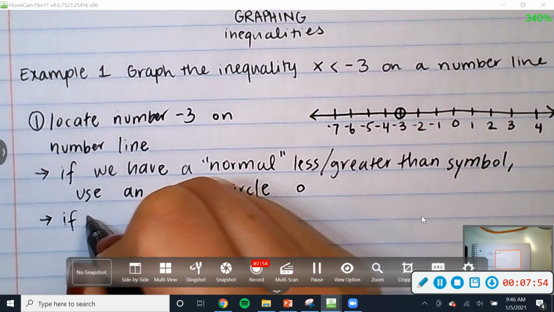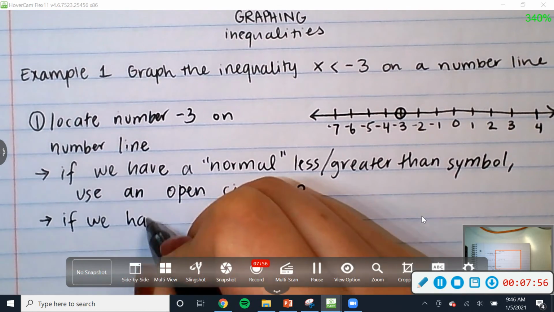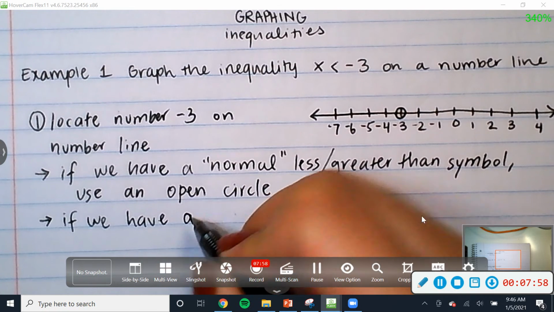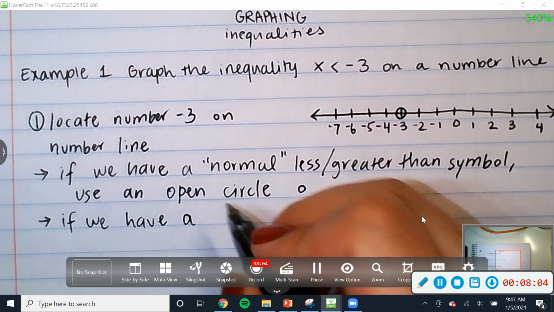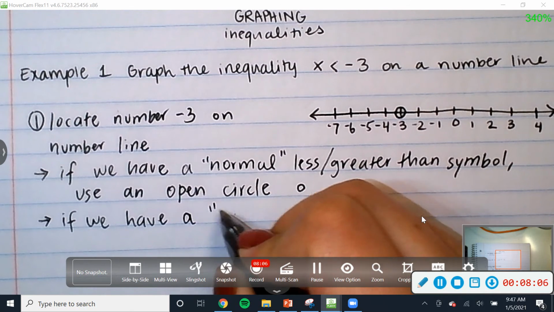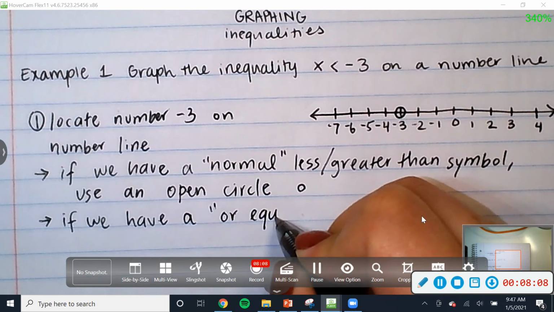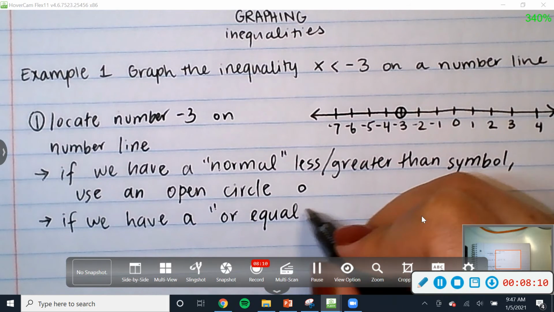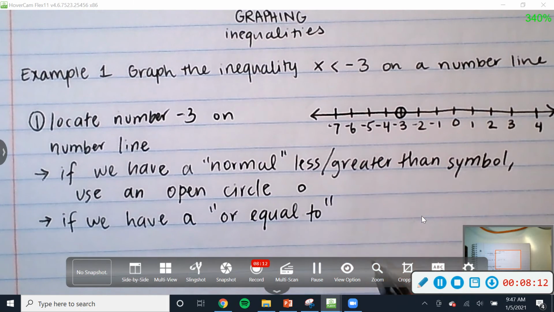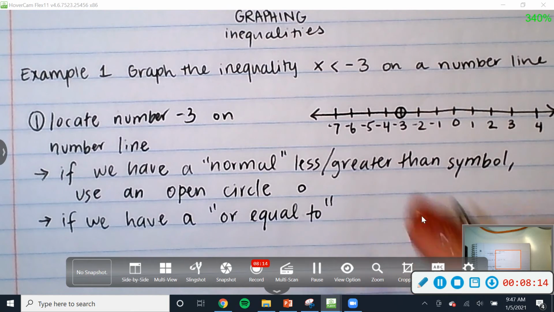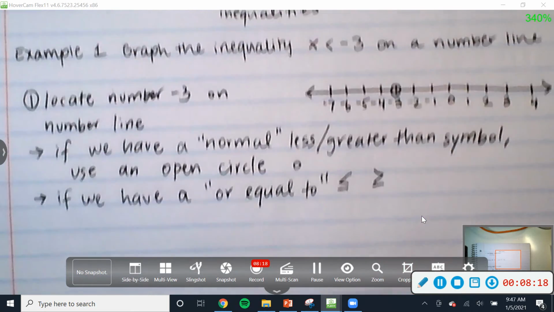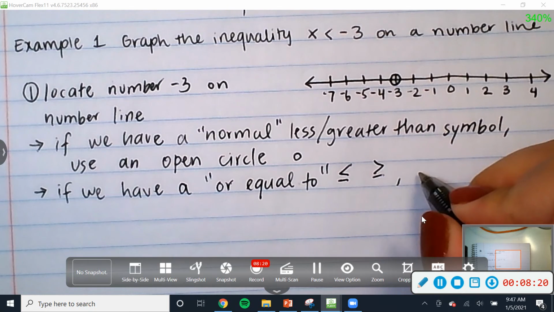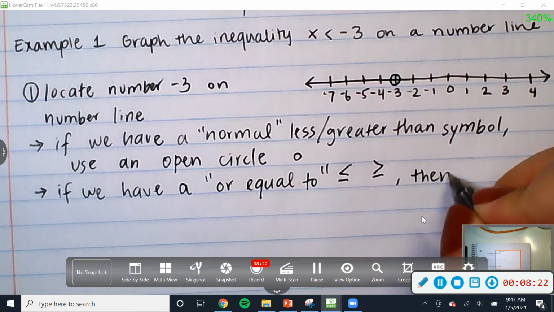If we have a greater than or less than with the equal to, if we have a symbol that includes the or equal to, has a little line underneath, so it looks like this, or it looks like this, has a line underneath, then we use a closed circle.